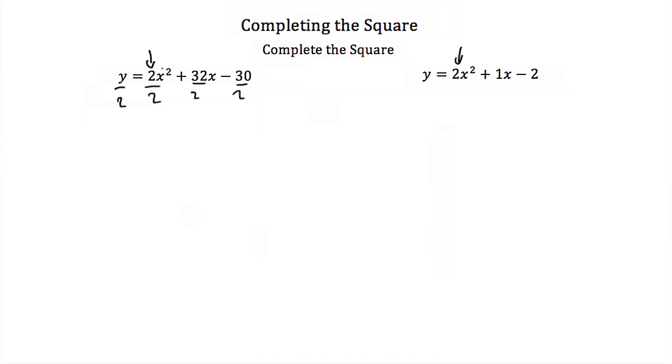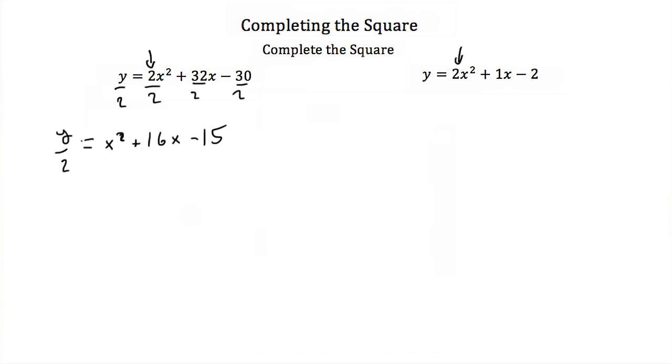Or if this was some other number, we would divide everything by that leading coefficient. So if we divide everything by 2, we'll get y over 2 is equal to x squared plus 16x minus 15. Well, now we can complete the square.